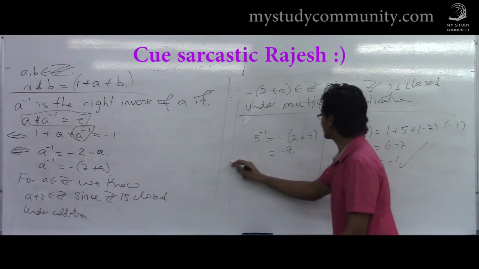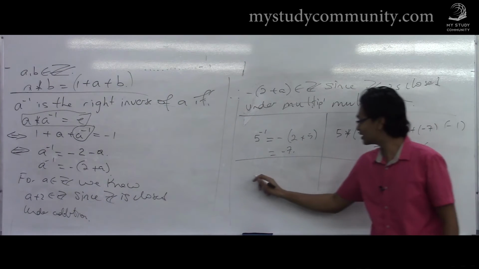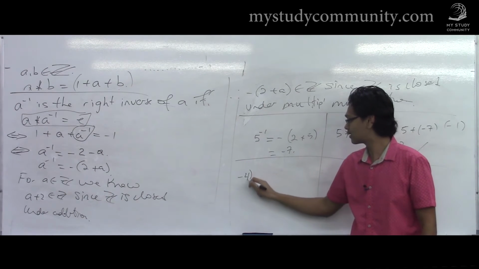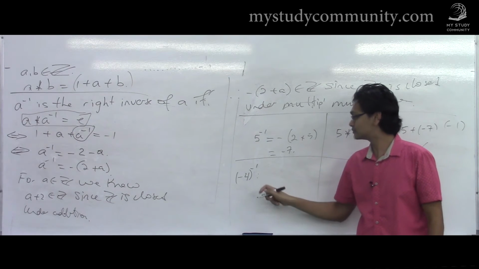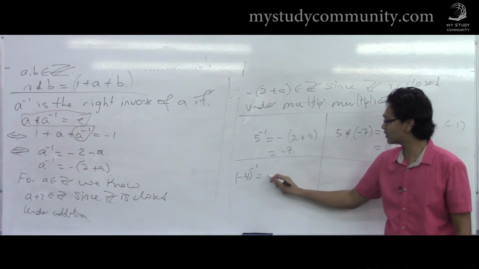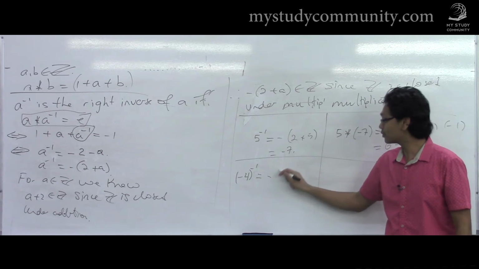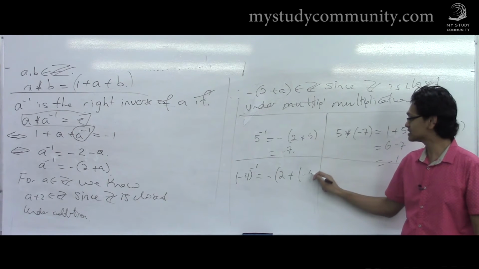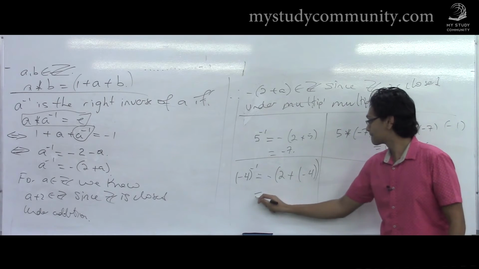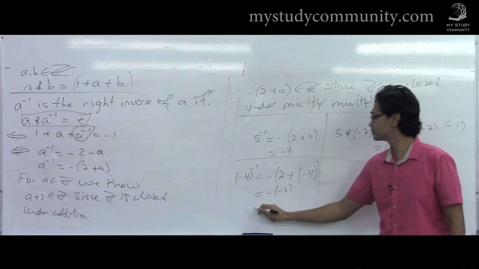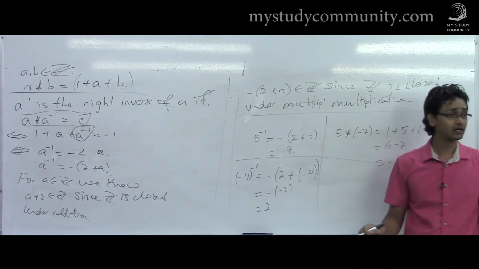So our next example, since you all were so on point with that one, what is the inverse of negative 4? The inverse of negative 4 is negative, open brackets, 2 plus A, which is negative 4, which is negative of negative 2, which is 2, yes?